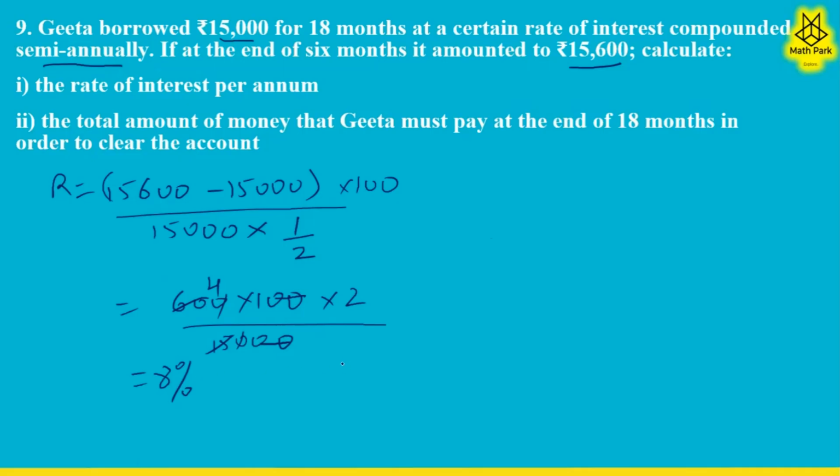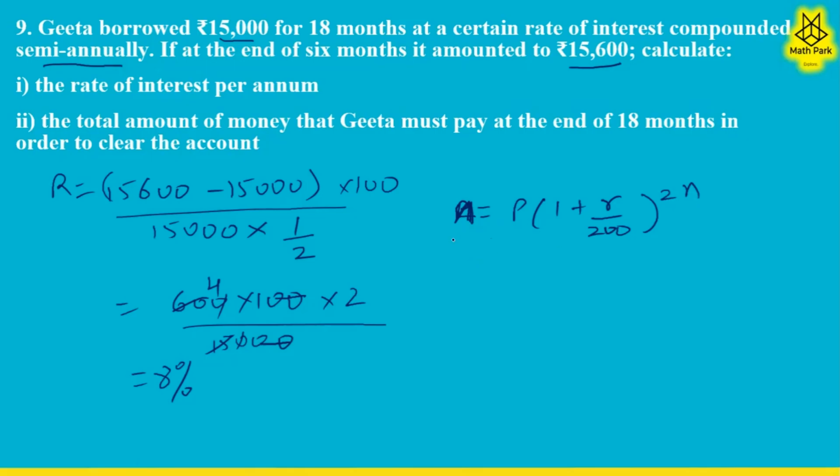Now we got the rate of interest. Now we are asked to find the total amount of money that Geeta must pay at the end of 18 months in order to clear the account. So for this, let us use the formula here. Using the formula, A is equal to P bracket 1 plus R upon 200 for the half yearly, to the power 2N.